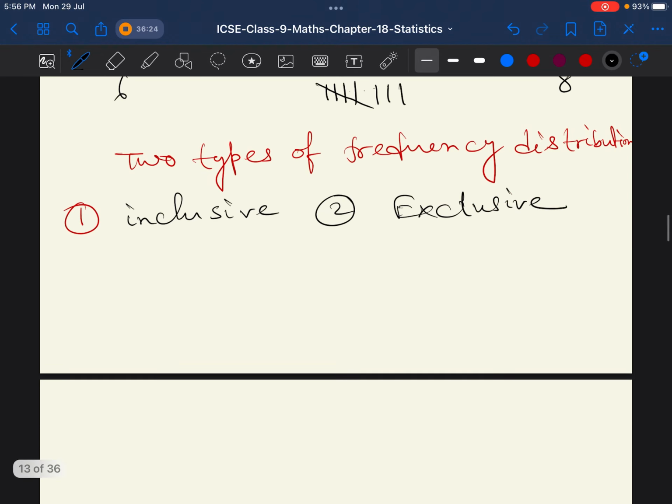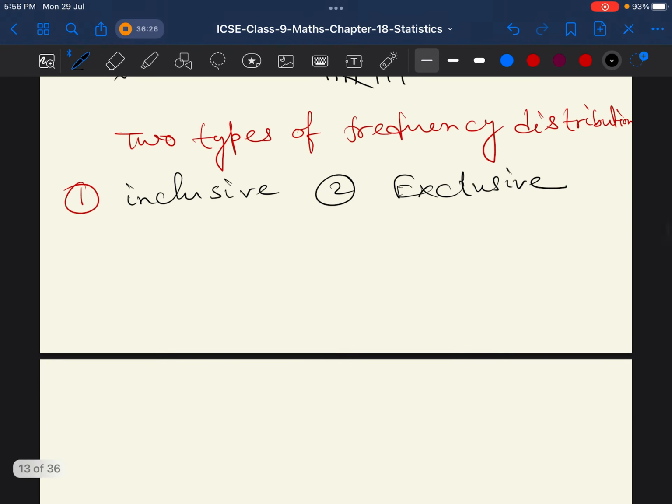So what is inclusive distribution? In an inclusive distribution, the upper limit of one class does not coincide with the lower limit of the next class.